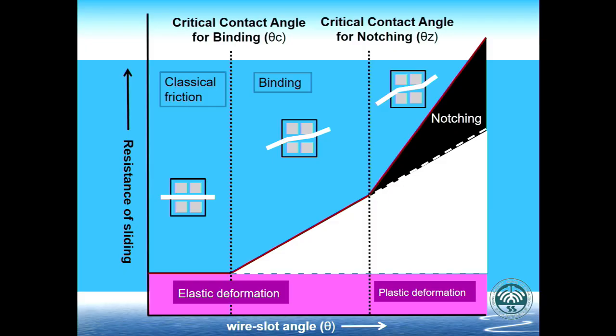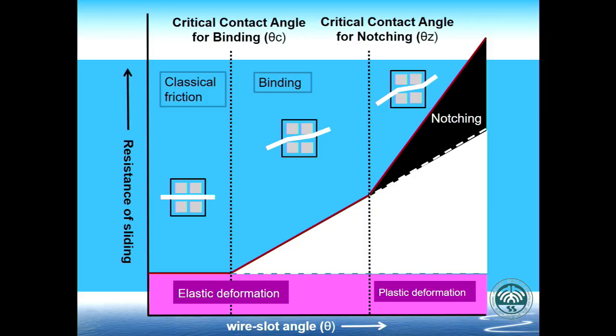Kusy illustrates the relationship between sliding resistance and the wire-slot angulation in the second order direction with these features. It shows that when wire-slot angulation increases to a point where the archwire starts elastic deformation like this, classical friction increases a lot and becomes binding.